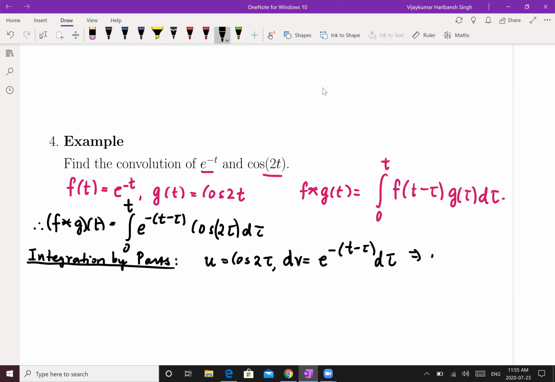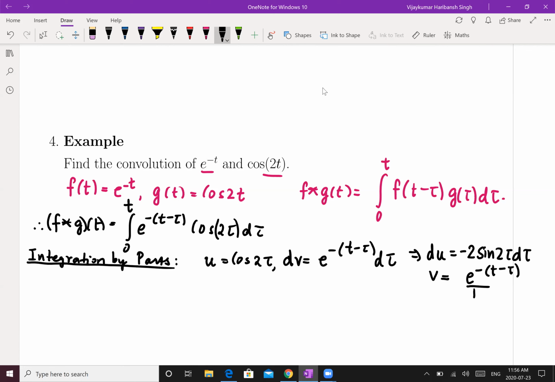This implies du is minus 2 sine 2 tau d tau, and v is the integral of this, so it's e to the power minus t minus tau. Now integration is happening with respect to tau, right? So the coefficient of tau is 1, so division by 1.